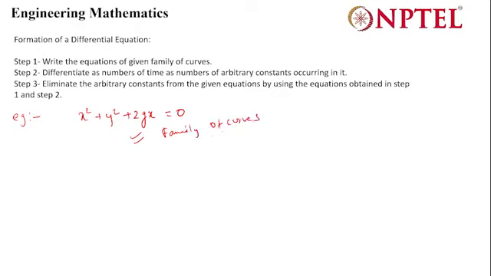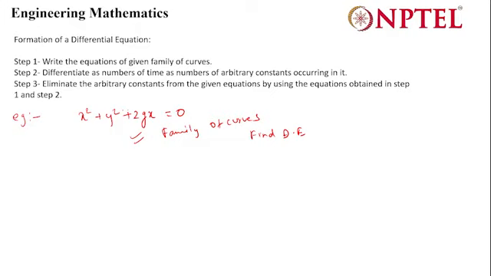So sometimes they ask, find the differential equation for the family of curves, which is this. So what are the steps? Firstly, write the equation of the given family of curves. Differentiate as many times as the number of arbitrary constants occurring in it.